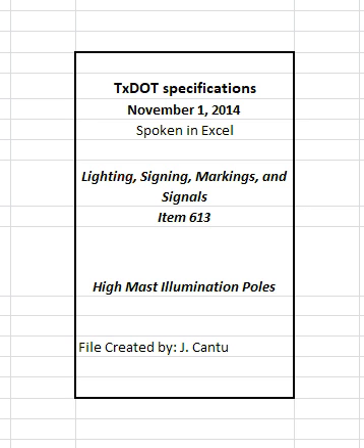3.2 Shop drawings. Do not submit shop drawings for high mast illumination poles fabricated in accordance with this item and the plans. 3.3 Fabrication. Fabricate and weld in accordance with Item 441, steel structures, AWS D1.1, structural welding code steel, and the requirements of this item.